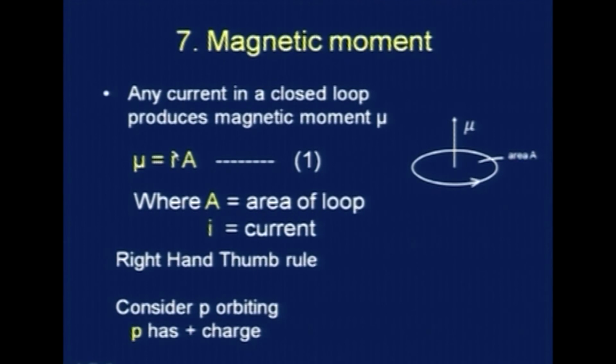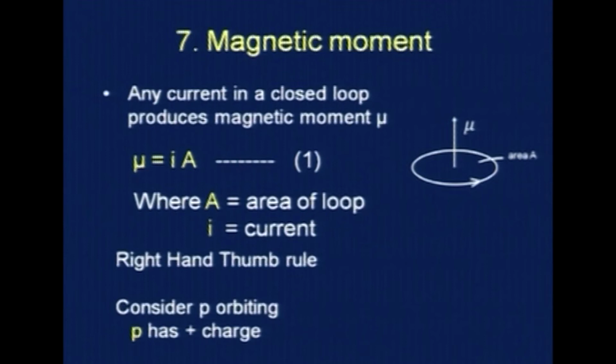And what is that magnetic moment? Mu is equal to I into A, where I is the current flowing and A is the area of the loop. If the area covered is larger, we will have more magnetic moment. So again, you just remember the right hand thumb rule. The figure that we have drawn also corresponds to the right hand thumb rule. So if we consider P orbiting, that is the proton, it is orbiting.